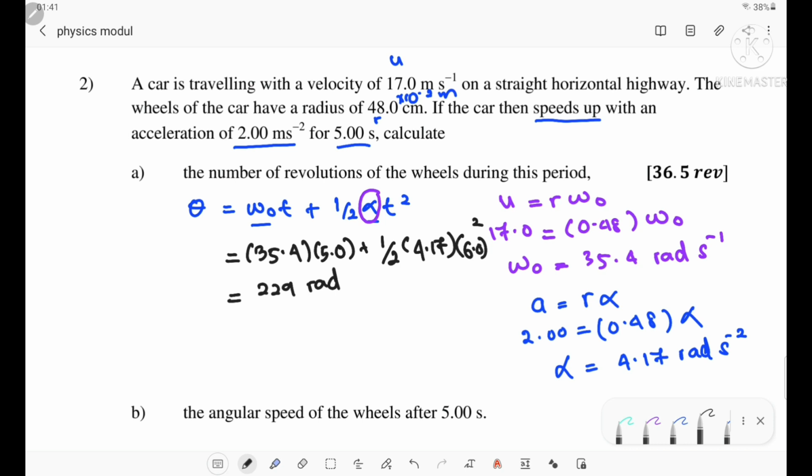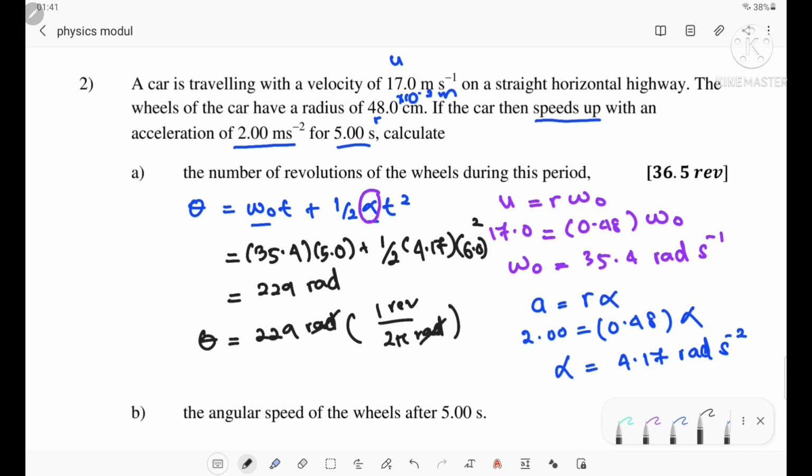So don't forget to convert radians to revolutions, because the question states the number of revolutions. So theta is equal to 229 radians. Convert into revolutions: 1 revolution equals 2 pi radian.